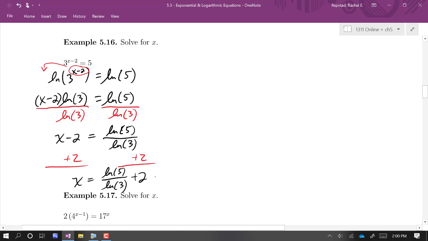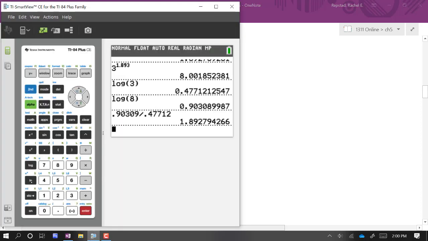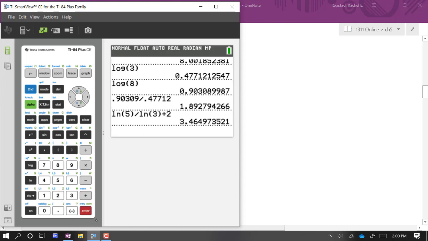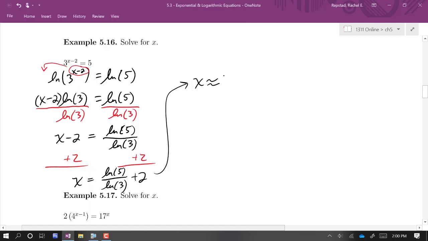So there's the result in exact form, and then getting an approximation gives us ln 5, closing those parentheses, and then dividing by ln 3, closing those parentheses, and adding 2. 3.465. So there's our approximate answer.